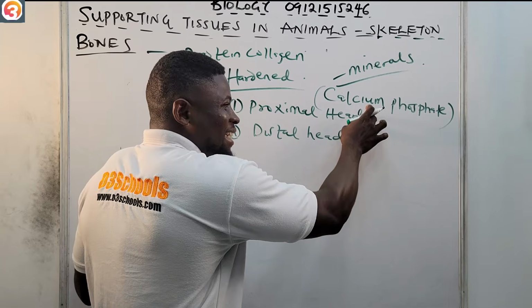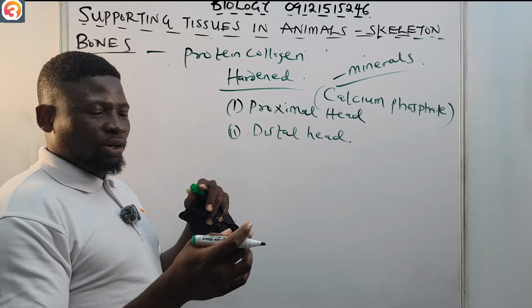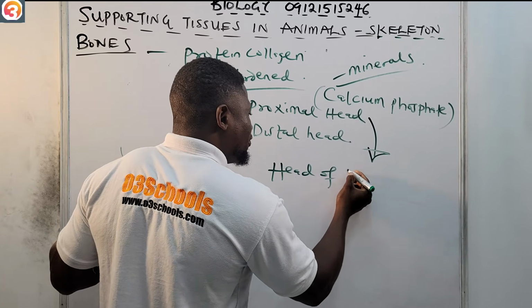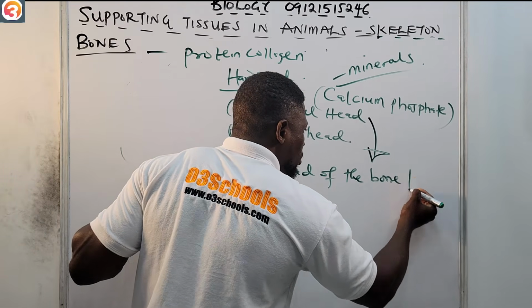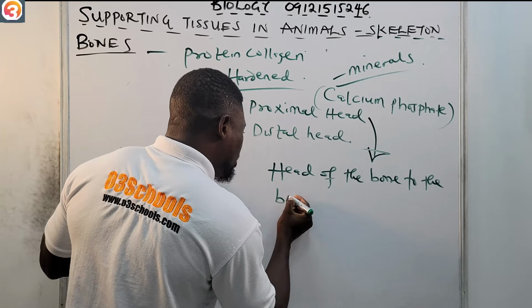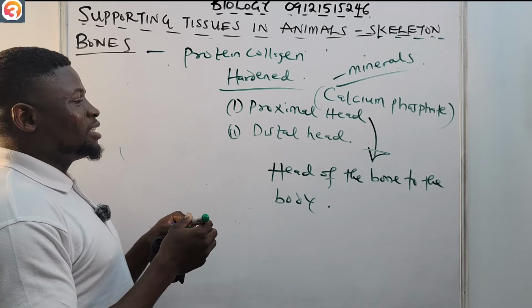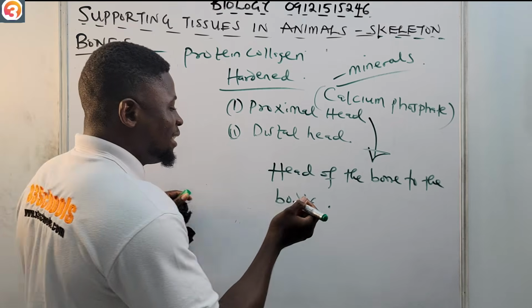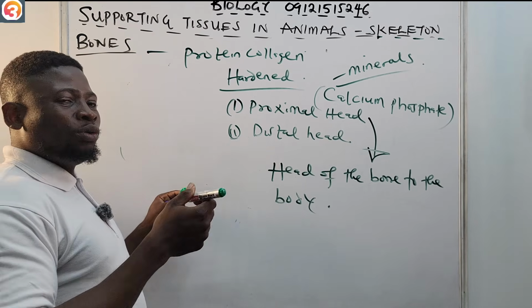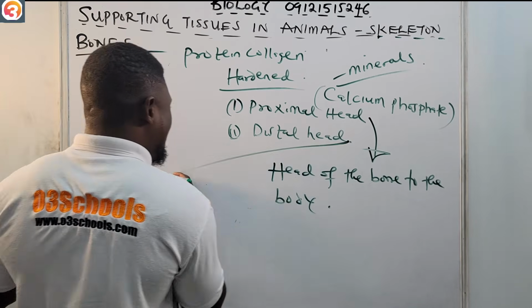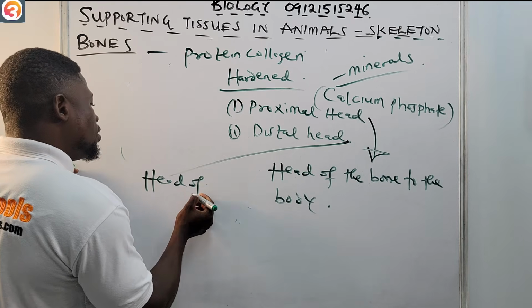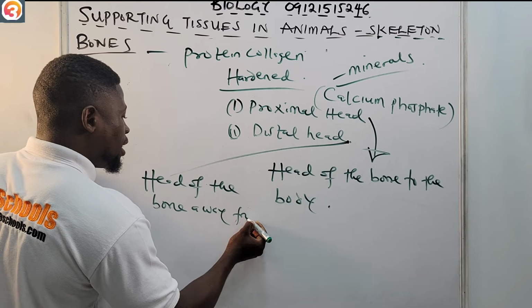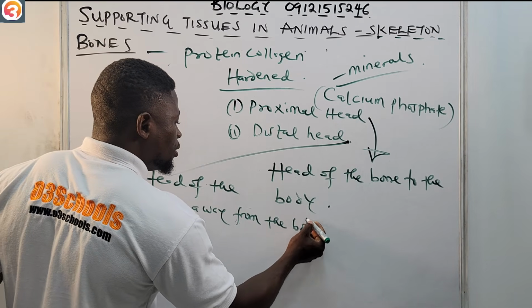The proximal head is the head of the bone close to the body, while the distal head is the head of the bone away from the body.